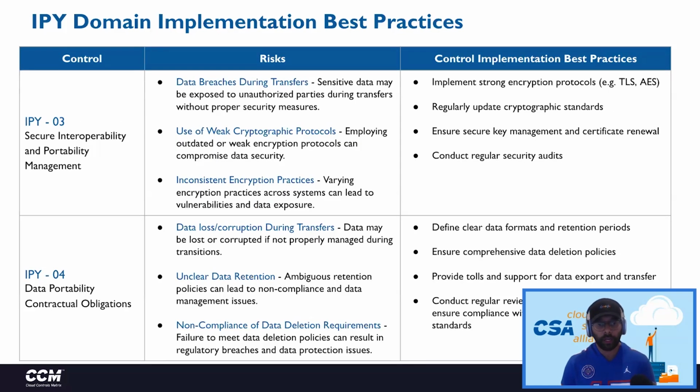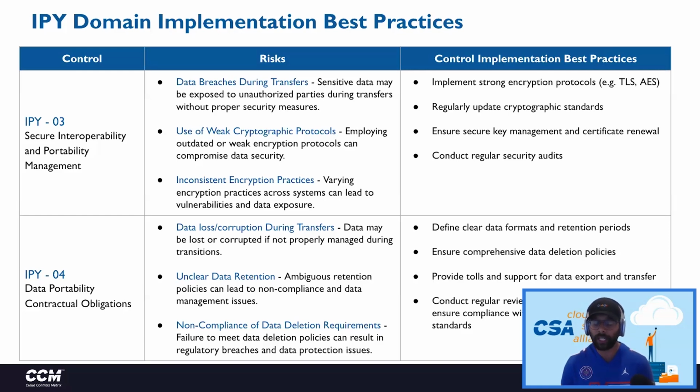The third control, which is around secure IPY management, has a few risks that we can think about: data breaches during data transfers, usage of weak cryptographic protocols, and inconsistent encryption practices. All these three risks are basically saying that when your sensitive data is being transferred, you need to make sure that you're not using weak cryptographic protocols and that you have good encryption practices, not only around encryption but also around key management, so that you have a secure data transfer.